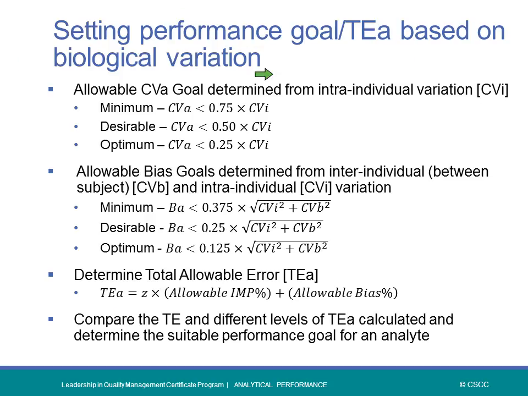For example, if we're interested in measuring the CV, the analytical CV, in precision, Westgard's site, and I think the book by Fraser as well, use the following formula, making use of the intra-individual variations. So we judge what's appropriate in precision based on the intra-individual variability.